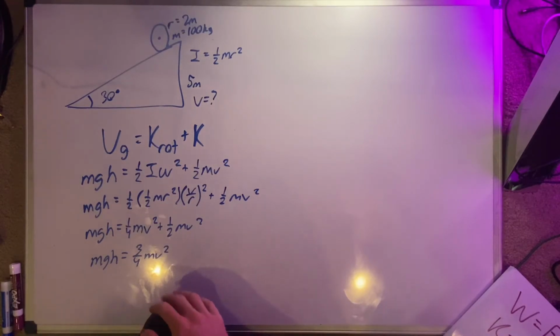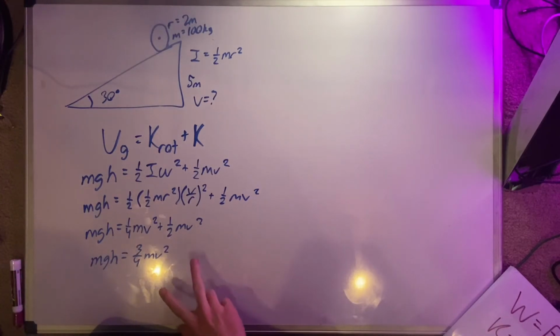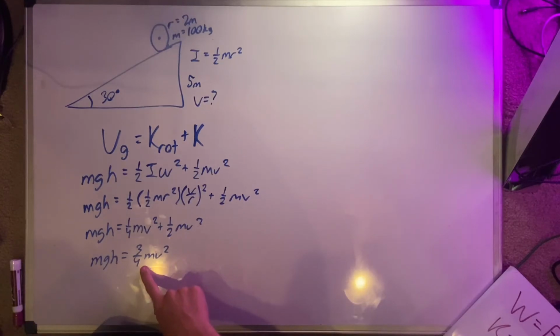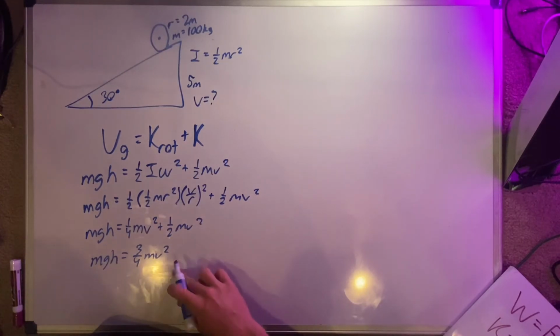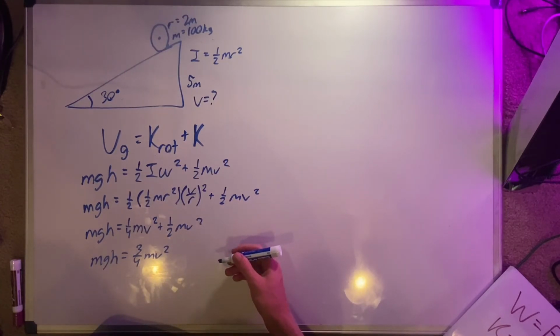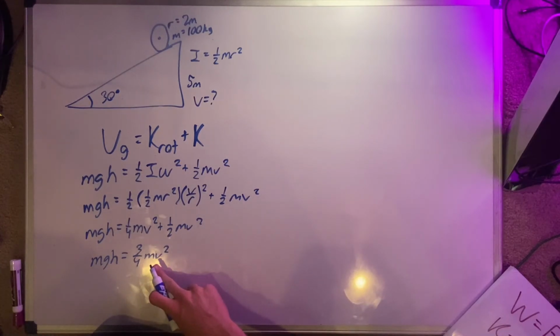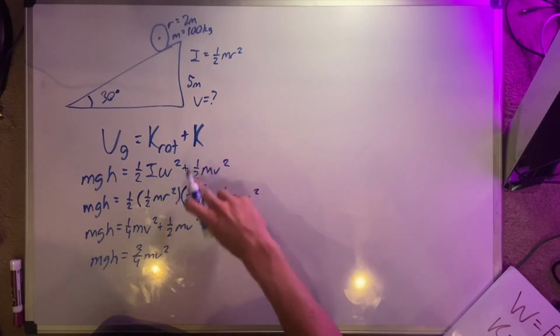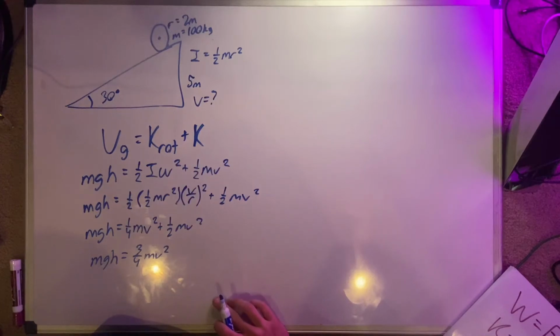I would also like to point out that this here, if we didn't have a rotational, would just be our K. But because it's also rotating, it is that.